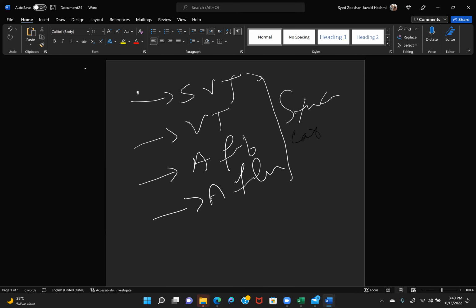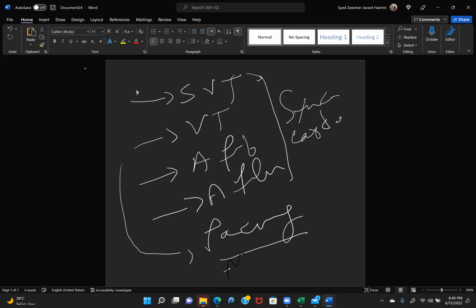Sir, in VT only monomorphic will do synchronized, right? Of course. In polymorphic, you will do pacing. No, sir, defibrillation. Polymorphic VT, what is that one? Torsades. Defib is for VFib.